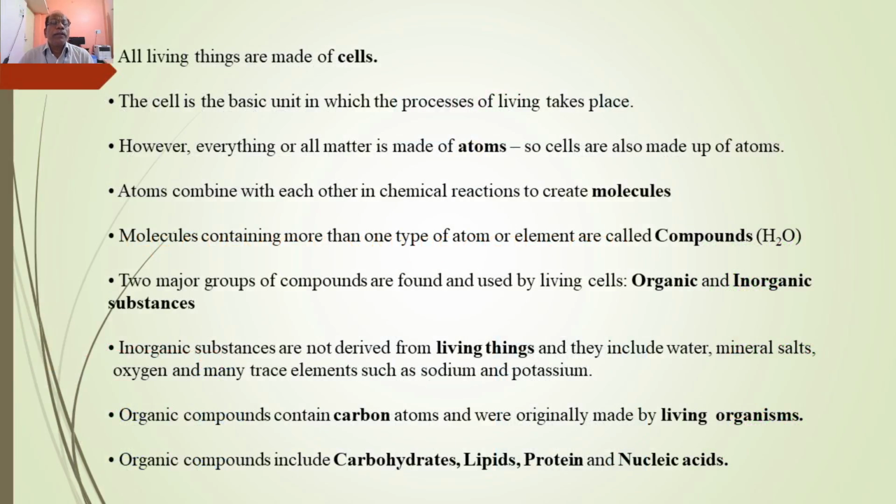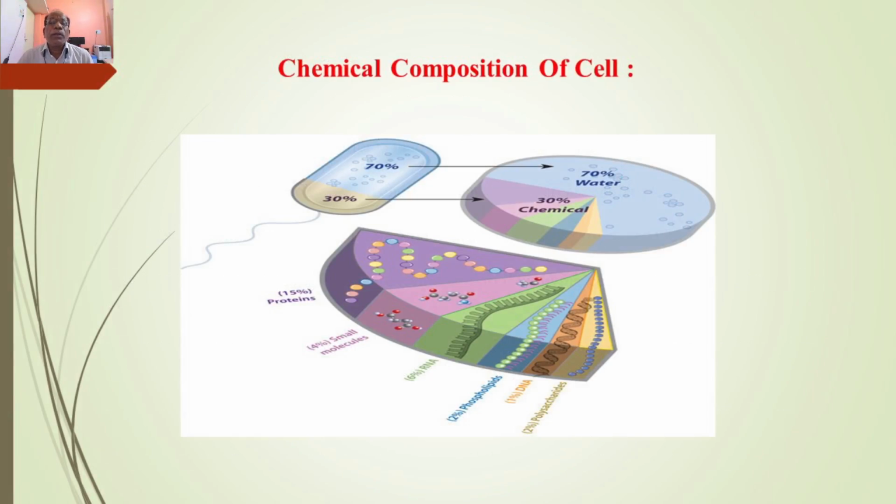Last time we also explained the different chemical compounds present in the cells, either atoms or molecules, organic and inorganic molecules, like water, which is an inorganic compound, or organic compounds such as proteins, fats, carbohydrates, nucleic acids, etc. Then we explained the chemical composition of the cell, as the cell contains about 70% water and the rest 30% biochemicals in the form of proteins, fats, carbohydrates or nucleic acids.